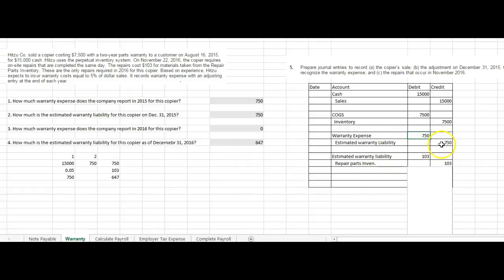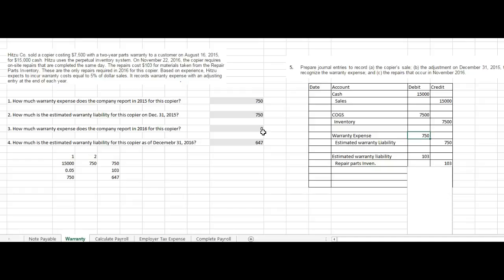It's like a contra account that keeps track of how much estimated warranty liability there is. We may find out that this 5% of dollar sales is too high, and then we'll have to adjust it, and also adjust how much warranty expense we put out. So that's just a very quick look at how warranties are set up.